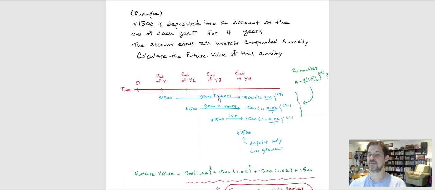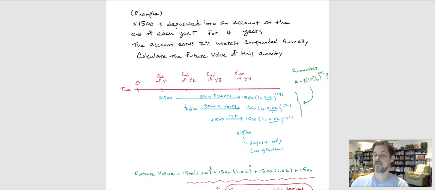So $1,500 earning interest at 2% for 3 years is going to be 1,500 times (1 plus 0.02 over 1) to the power 1 times 3. That's how much this first payment becomes worth at the end of the 4th year, after the last payment of the annuity is made.